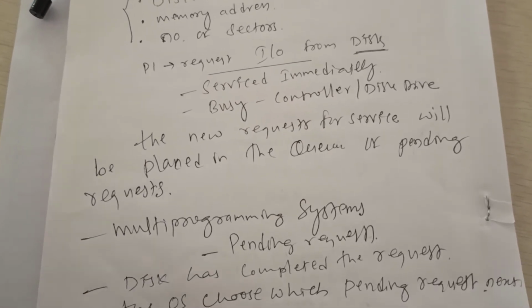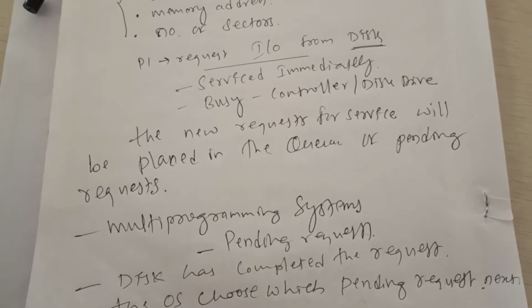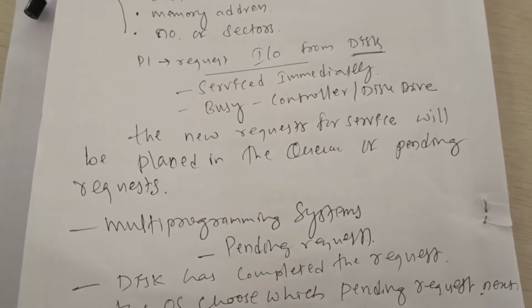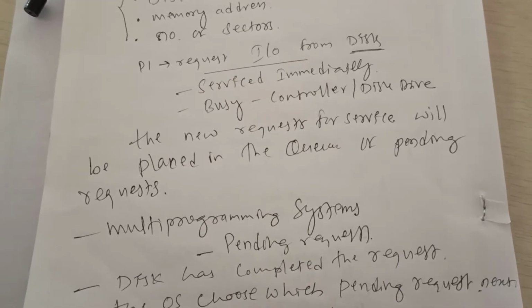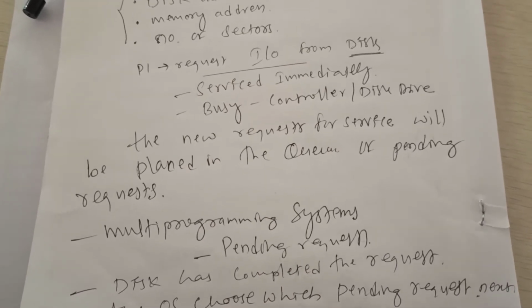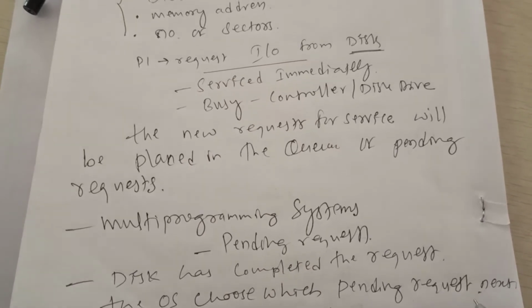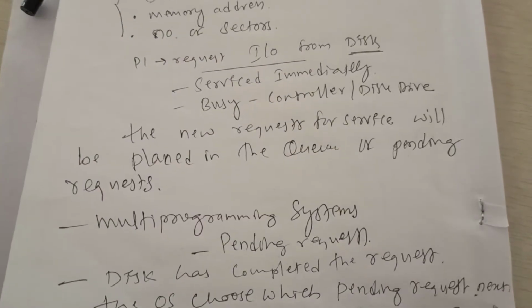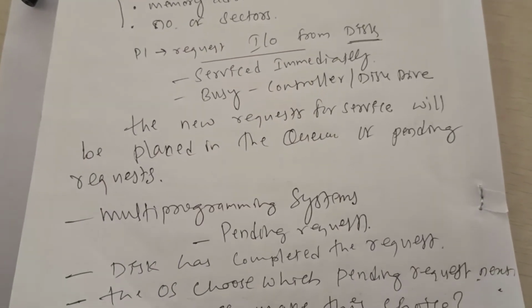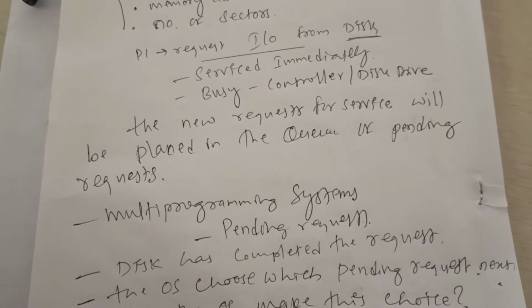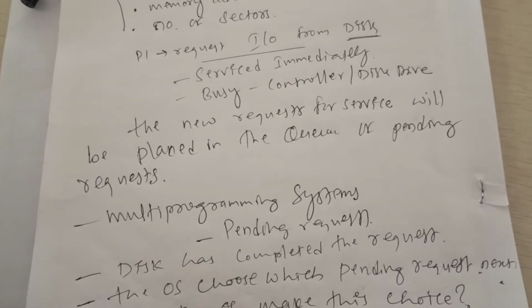So now the question is how the operating system makes this choice: which pending request is going to be serviced next. For this, there are several disk scheduling algorithms available.